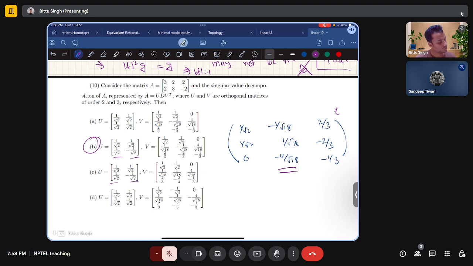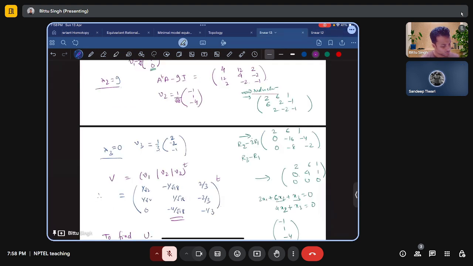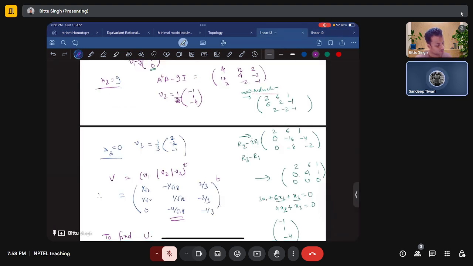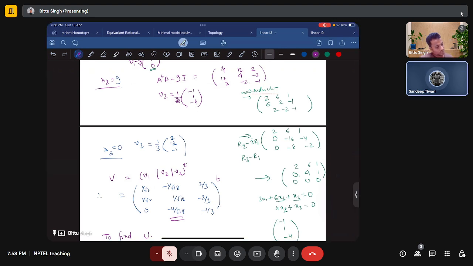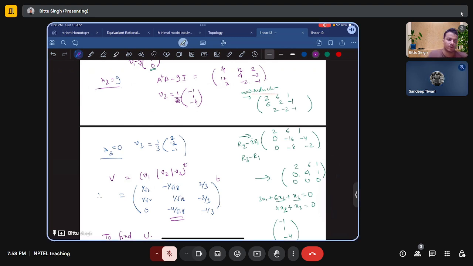There is a sign issue. Sir, you can take 1 by root 18 times minus, then 4 by root 18, because if alpha v is an eigenvector, then minus alpha times v is also an eigenvector. Yes, we can choose the negative of V also. Yes, you're right. So we can put a negative sign here. There is no issue.